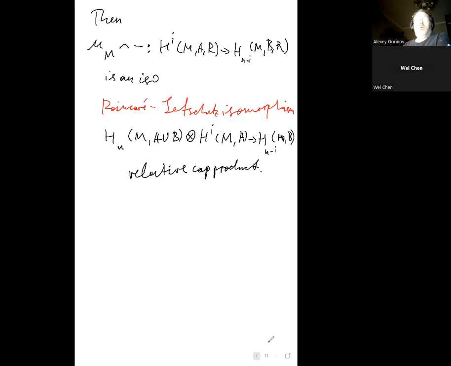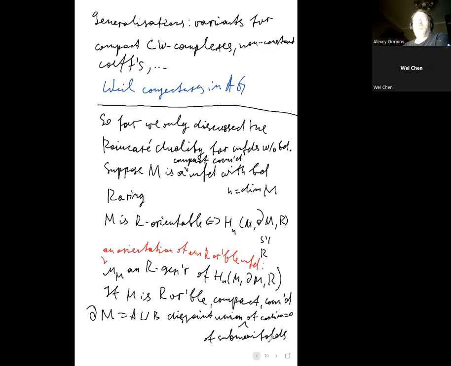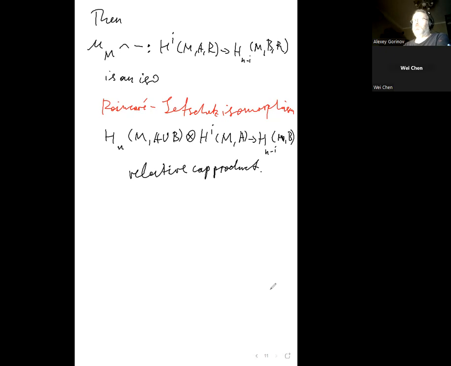Okay. Are there any questions? Would you please give an example where the boundary is a union of some submanifolds of codimension 0? For example, let's do an example.